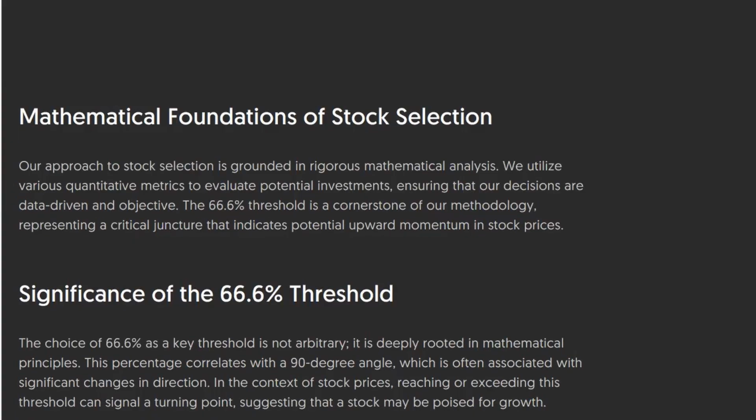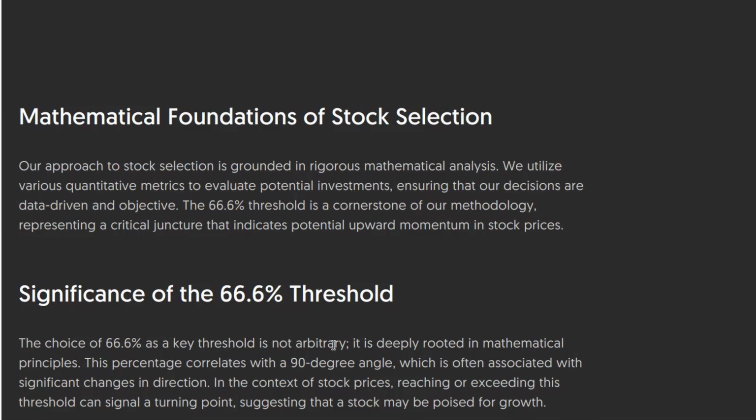The mathematical foundation of stock selection, I have explained to you. That is the calculation we are doing, and this is the slide to explain how it has been done. The choice of 66.6% as a key threshold is not arbitrary. It is deeply rooted in mathematical principle.